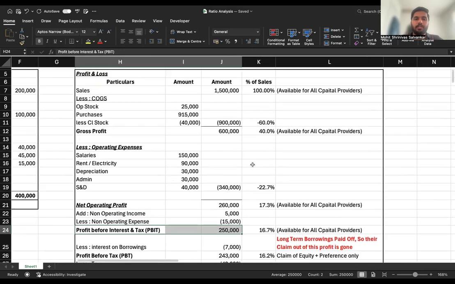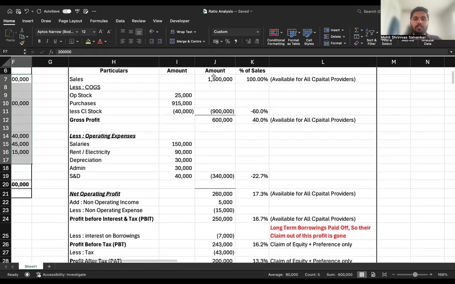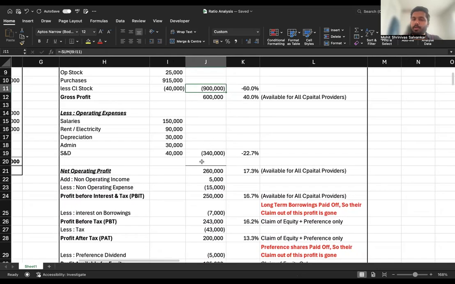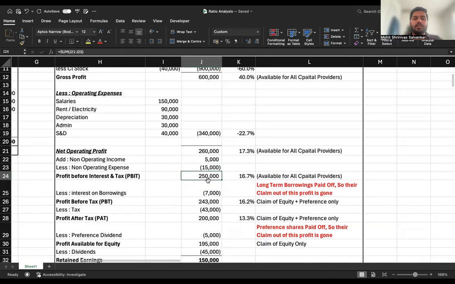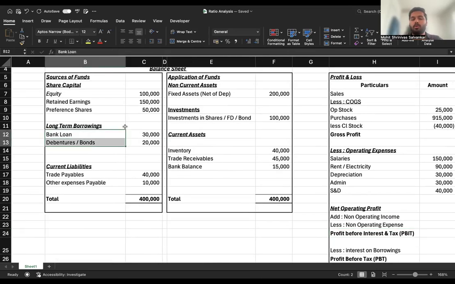So far, what has happened is we used all these funds and we invested in these assets. All these assets were used to generate this revenue, to pay off the cost of goods sold, to pay off the operating expenses, and also to get these non-operating expenses and incomes. At this stage, all the expenses are paid. Then the first right to claim out of this comes for the long-term borrowings.